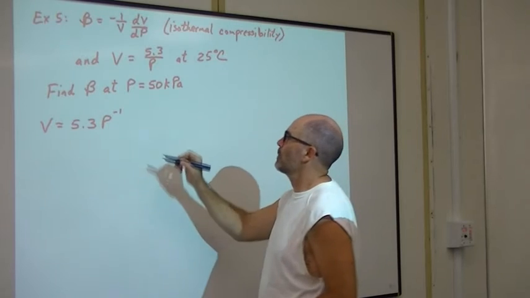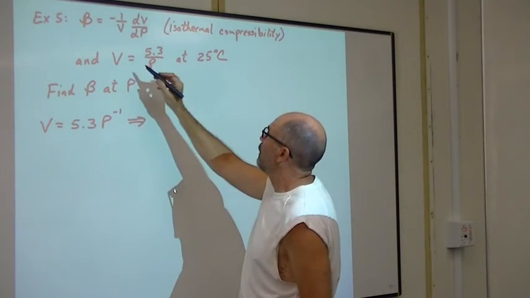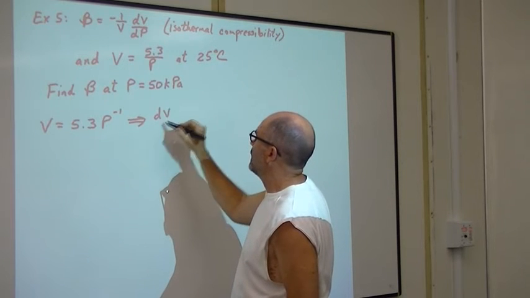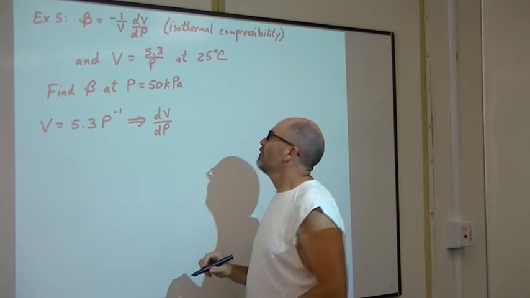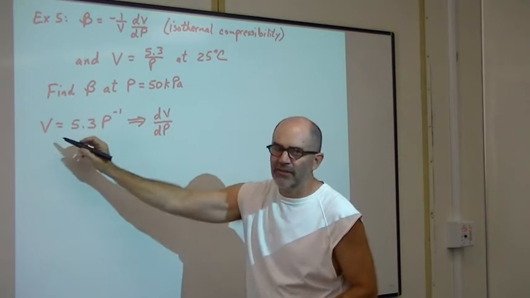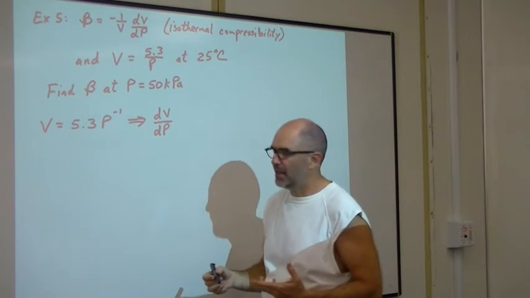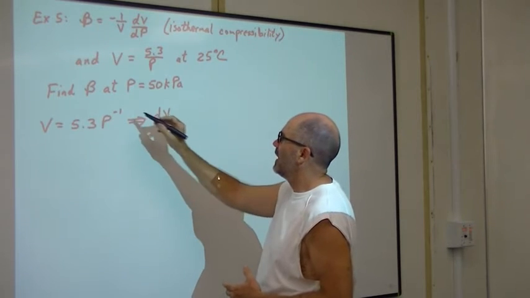Now I want the derivative of volume with respect to pressure. So dV dP. Oh, and one thing real quick, volume is always a capital V. Velocity is always a lowercase v.